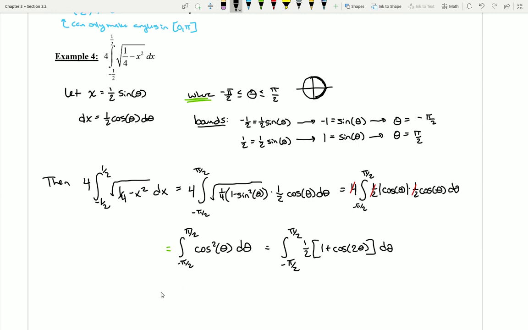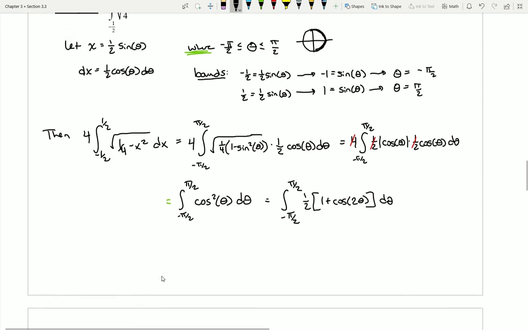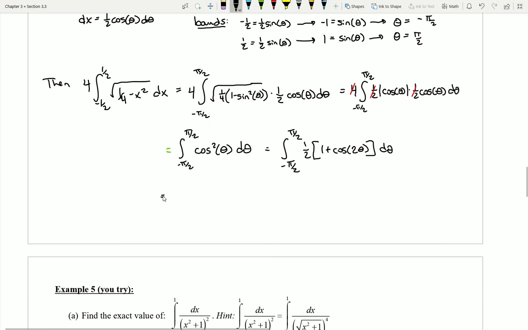Now integrating from here isn't too difficult. I can see that I would just have to state my antiderivative as theta plus, and I think I could get away with 1/2 sine of 2 theta. You could double check me by taking a derivative. Then notice I don't even have to worry about switching back because I can just evaluate at the bounds.